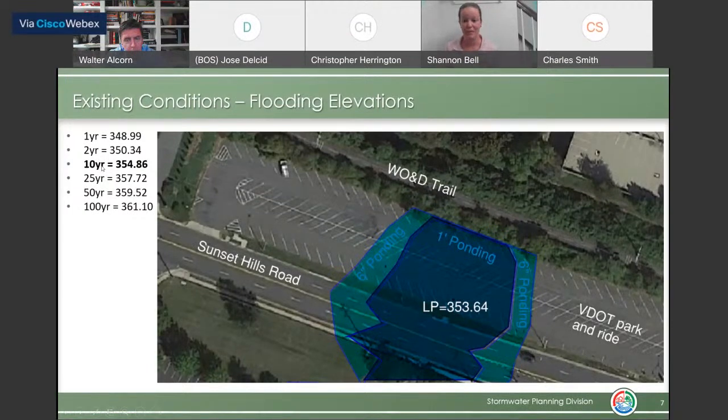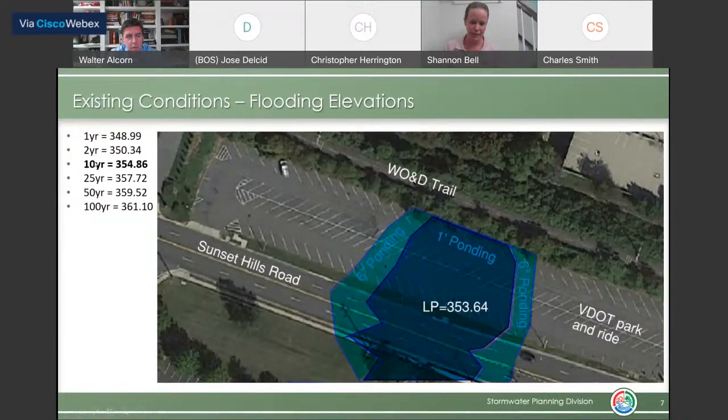A 10-year storm is a storm that has the probability to occur once every 10 years. Just because it's projected to occur once every 10 years, it could occur more than that, or it could occur less than that. But based on historical data, looking at rainfall events from the past 80 years or so, they've been able to come up with rainfall depths that happen with this probability.